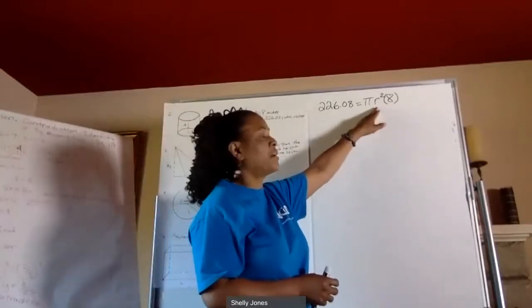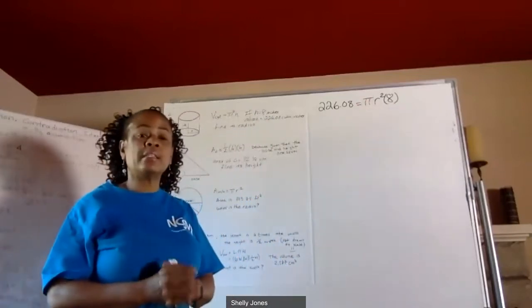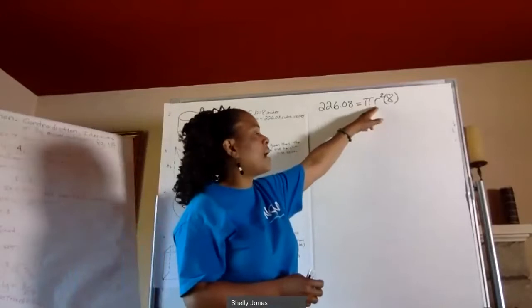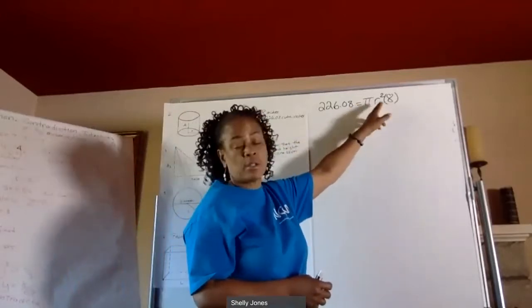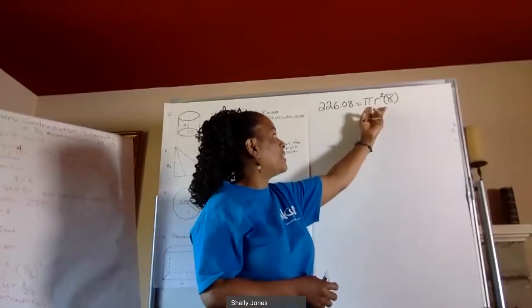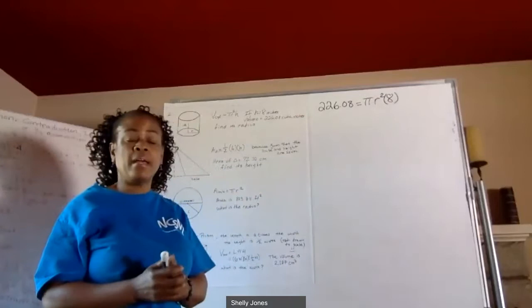Well, I don't know what r squared is, but in order to get r by itself, I need to do away with the pi and the 8 multiplying r squared. So I'm going to divide both sides by 8 times pi.